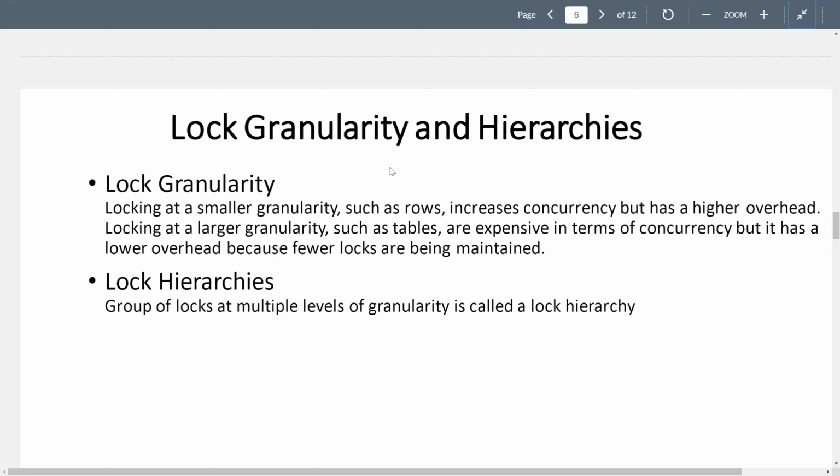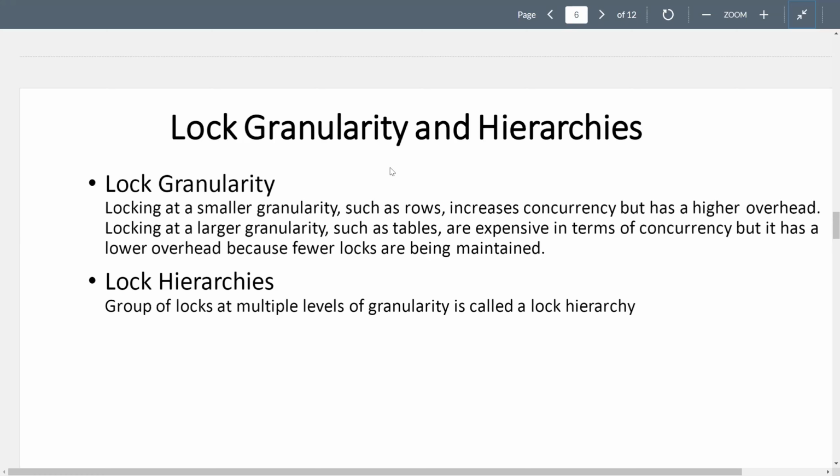The problem is that in a busy environment, we have so many concurrent users and concurrent transactions. If we just have very small lock granularity, we just lock up the records which are being updated, being changed, then there will be a lot of locks. And there is an overhead for the database management system to maintain the locks.